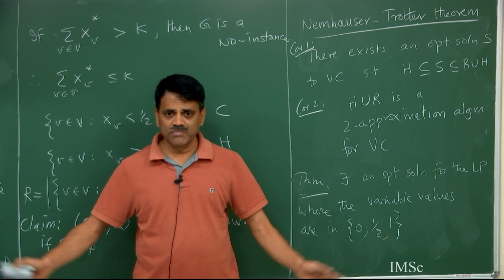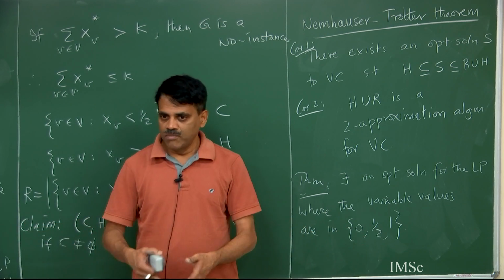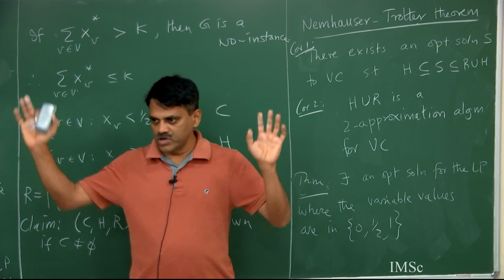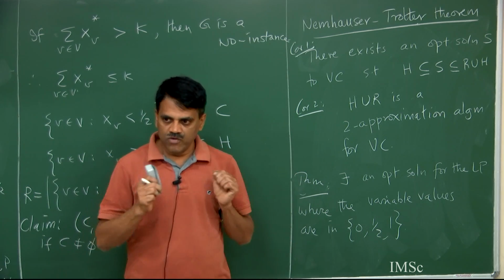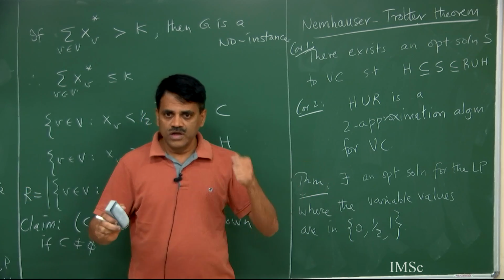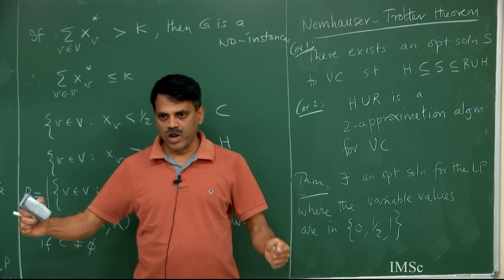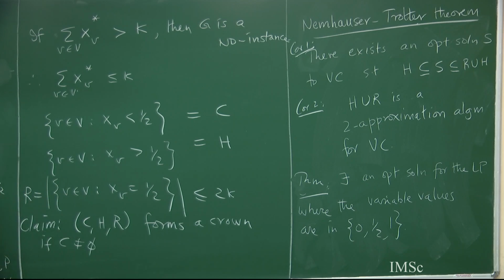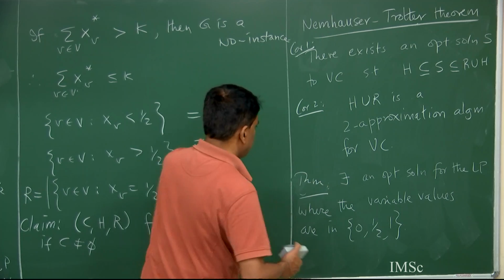The values can be anywhere between 0 and 1, but there is an optimum solution to the linear program, not the integer one, where the values are all either 0 or half or 1. That's all. So there is a combinatorial way of solving the vertex cover LP using matching, and as a bonus we will get this.